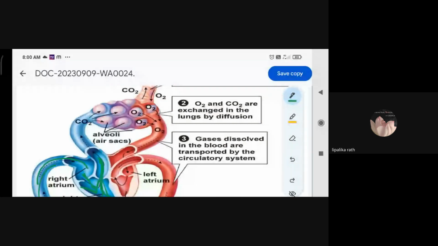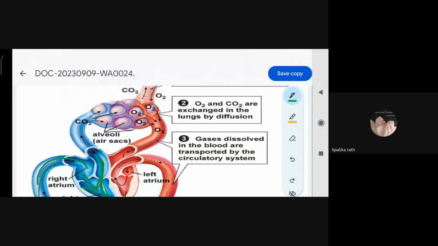The blood vessels which are collecting blood and bringing it to the heart are known as veins, and those blood vessels which are collecting blood from the heart and reaching the whole body are arteries.